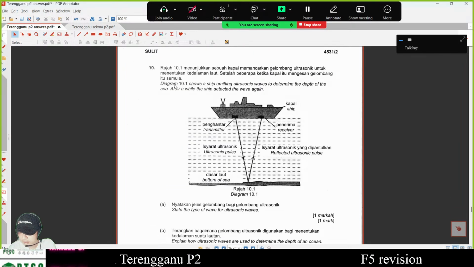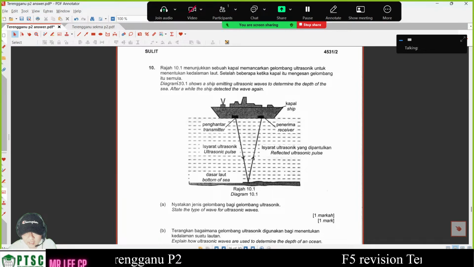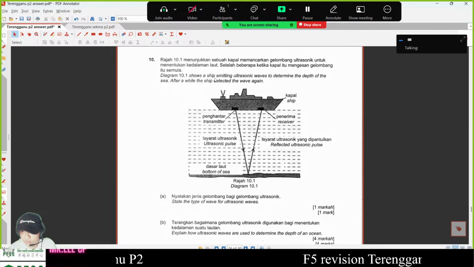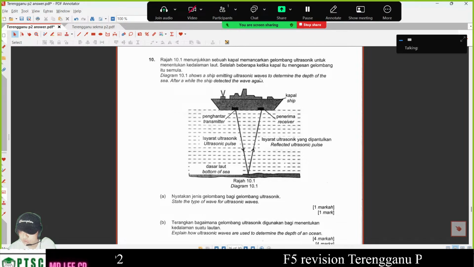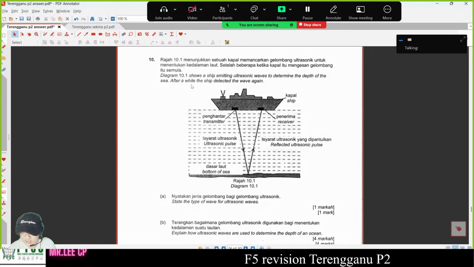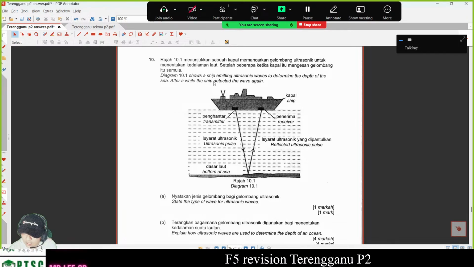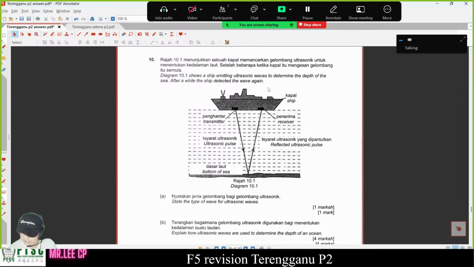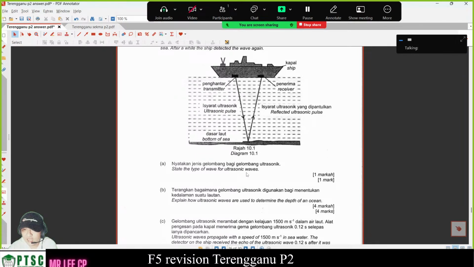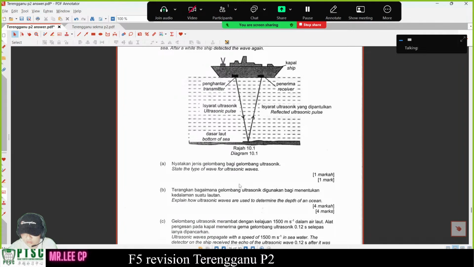Okay. So we try to do number 10. Alright. 10.1 shows the ship emitting ultrasonic waves to determine the depth of the sea. After a while the ship detected the wave again. Okay, you shoot down and then it goes up.